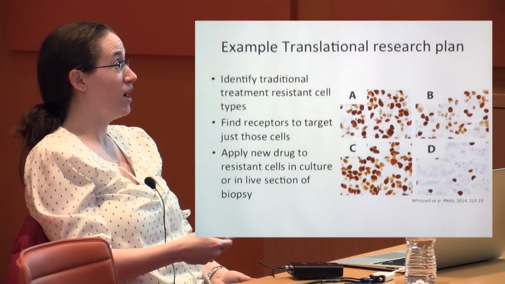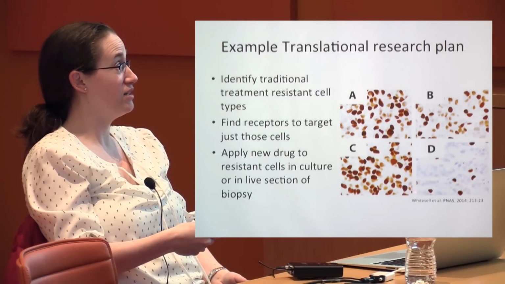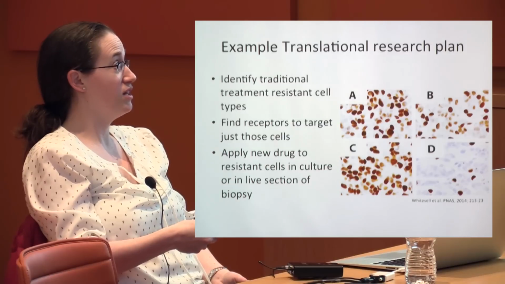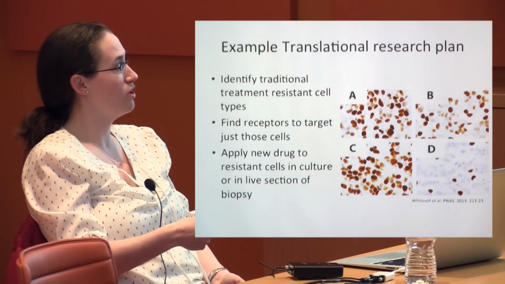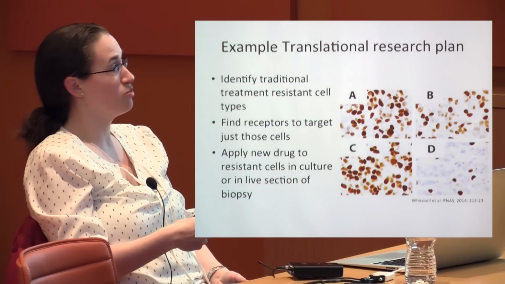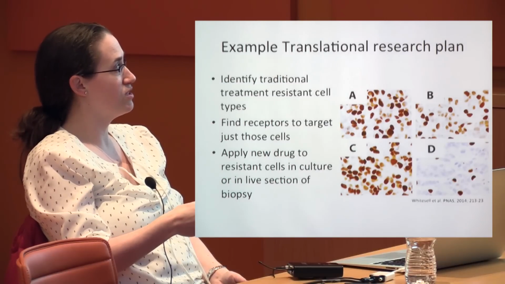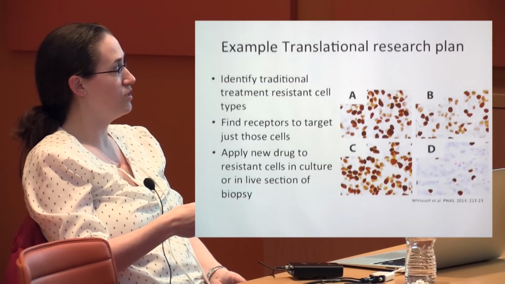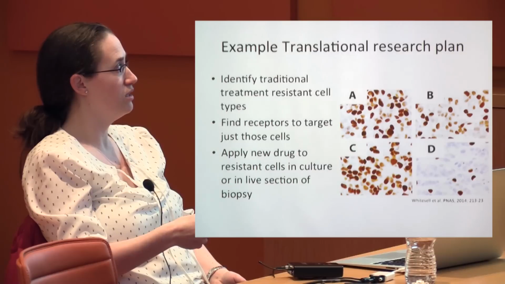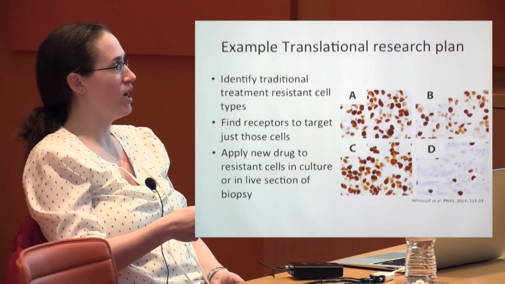However, I'm not satisfied. There are still these little cells, and anytime you leave little cancerous cells, they can multiply and they make me uncomfortable. So in this example research plan, we could harvest some of these ones that responded well, and we can find the difference. Why did these ones not respond to that drug?